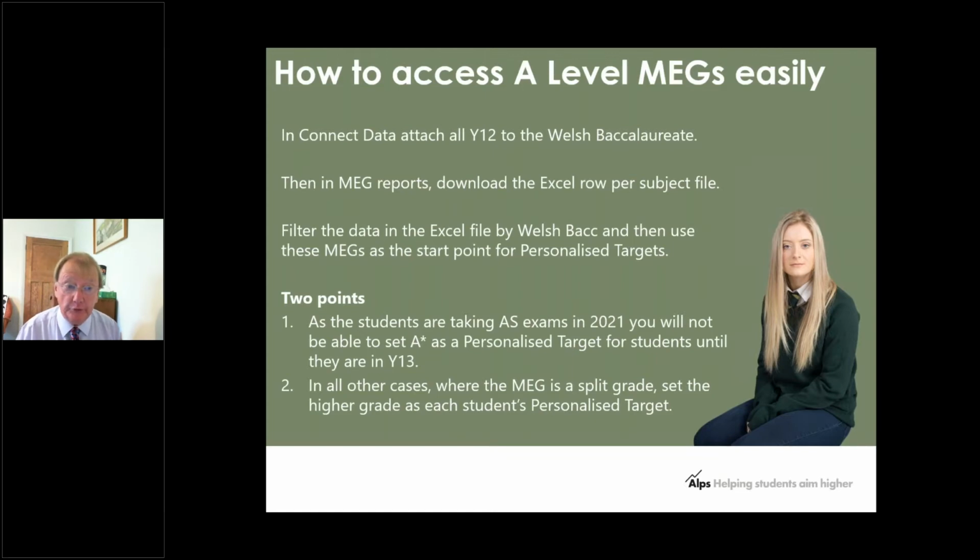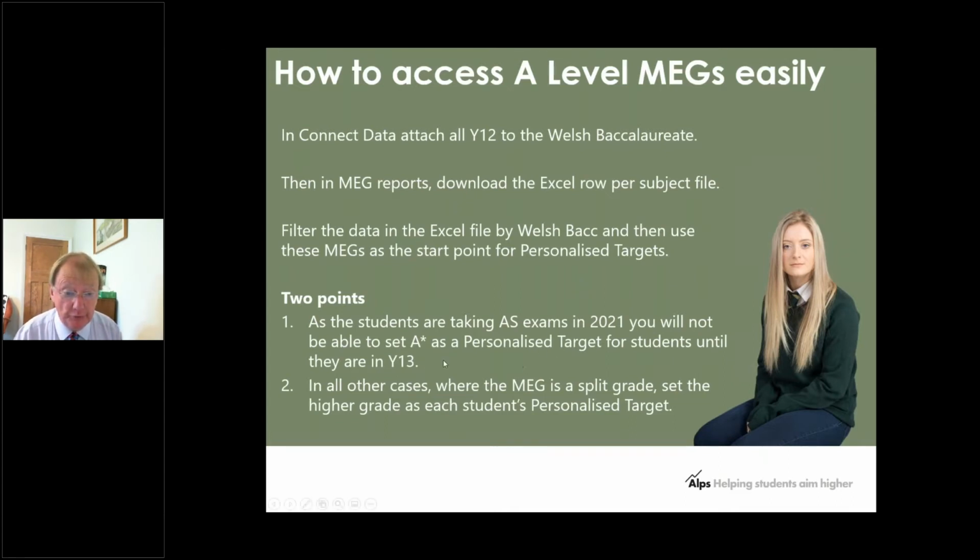But of course, as ever, if a data manager hits a rock, the simplest thing to do is simply to ring or contact Alps and ask for assistance, because that will be provided by our very able customer support team.